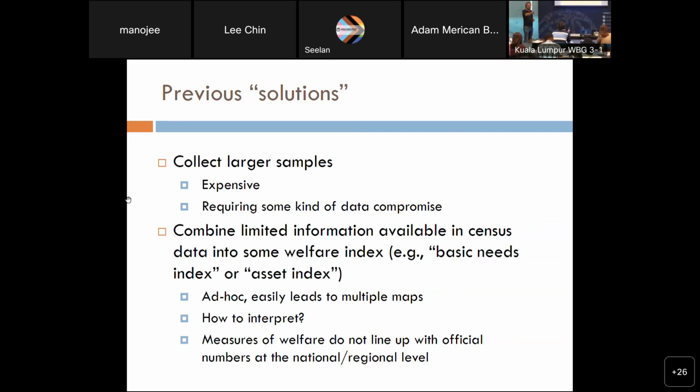You mentioned DHS data and censuses. Population census data, which is routinely used to build these point maps, doesn't include household income or household consumption, but it does include a lot of these strong correlates of poverty. Asset ownership is one of them.